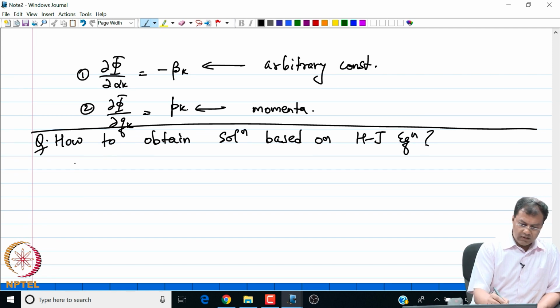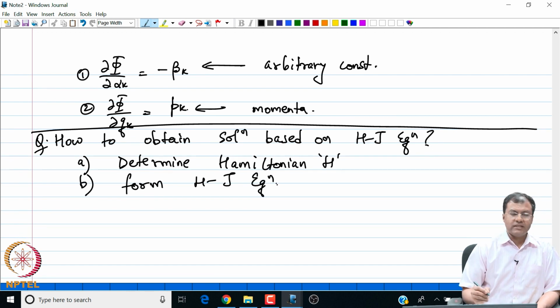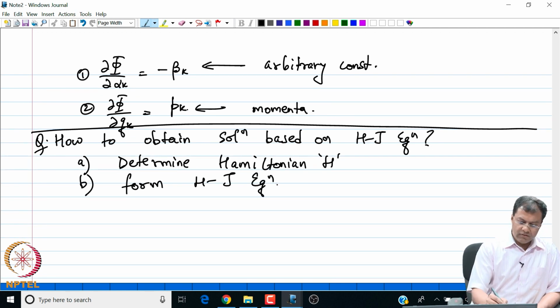The answer is as follows. We determine the Hamiltonian H. So we start by finding the Hamiltonian function H. Then the next step is we form the Hamilton-Jacobi equation, the H-J equation, with the help of the Hamiltonian.